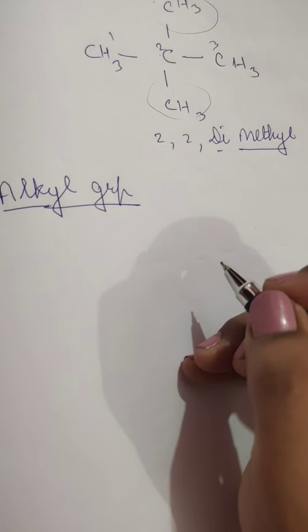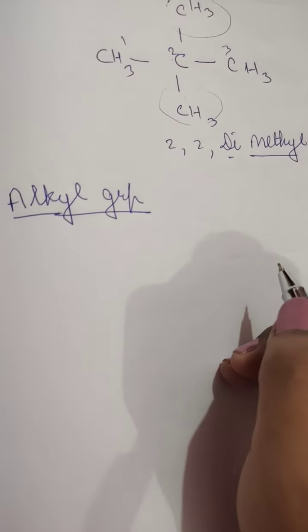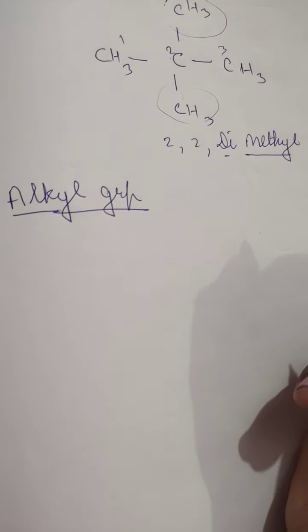So an alkyl group is simply a group which is formed by the removal of one hydrogen atom from any alkane molecule.